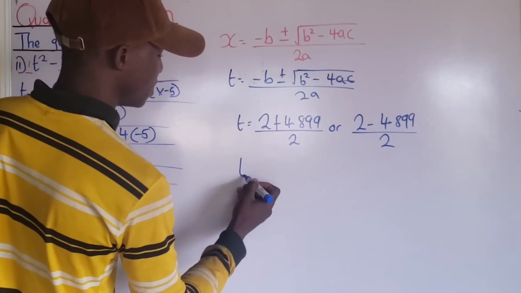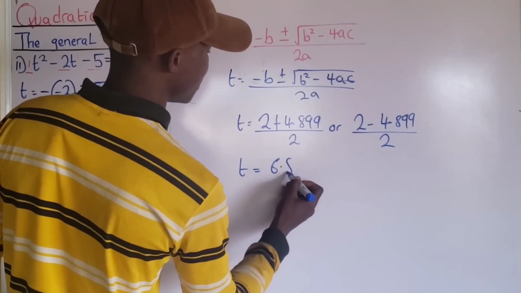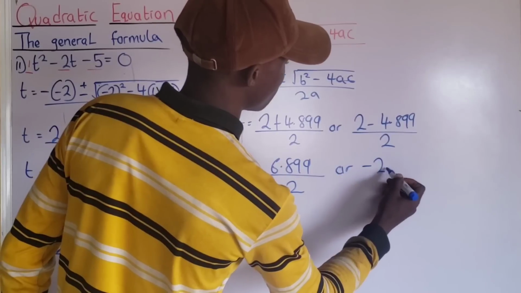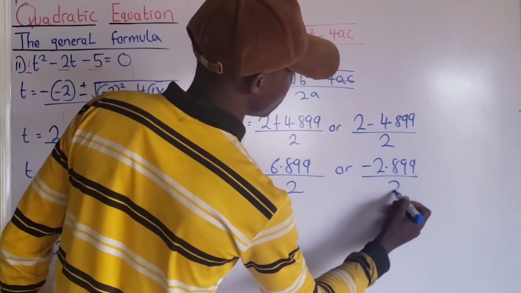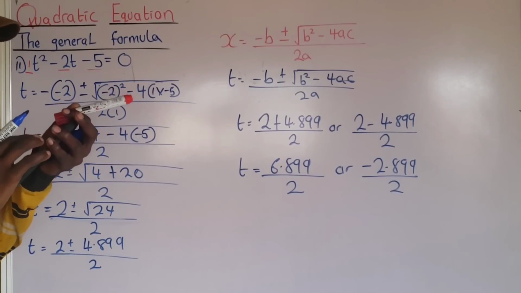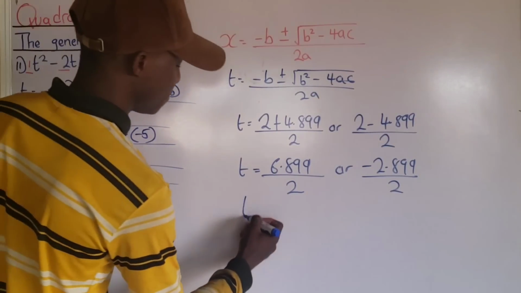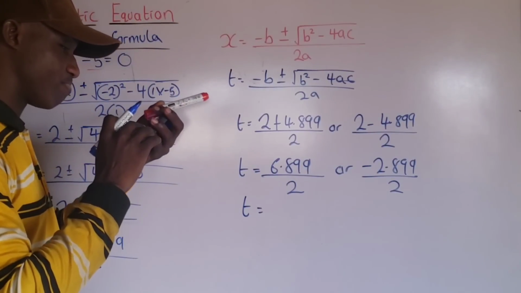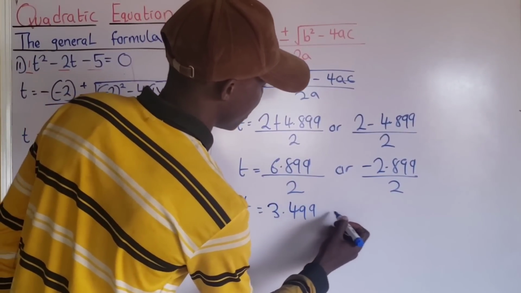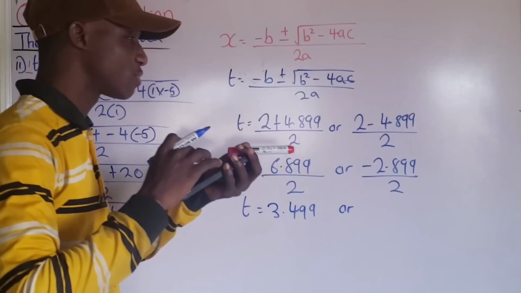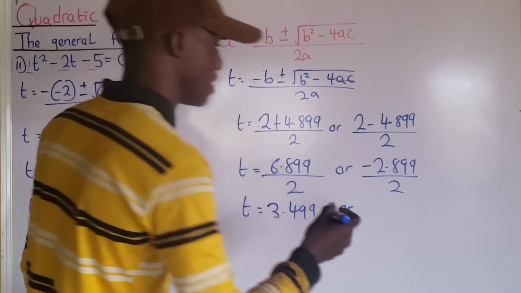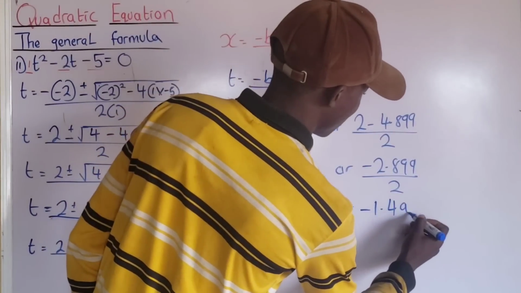Okay, so t equals 6.899 all over 2, or negative 2.899 all over 2. Do you understand? 2 plus 4.899, you are going to have 6.899. So if you divide this by 2, you are going to have t equals 3.499, or negative 2.899 divided by 2, that is negative 1.499.